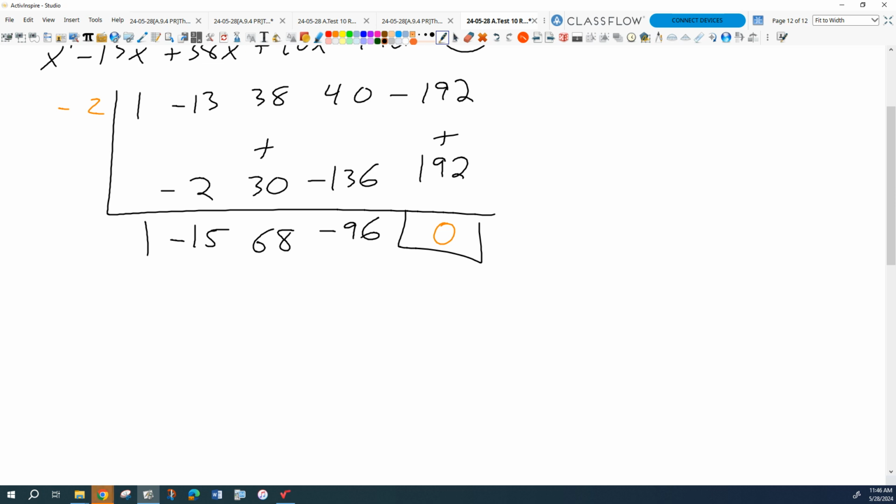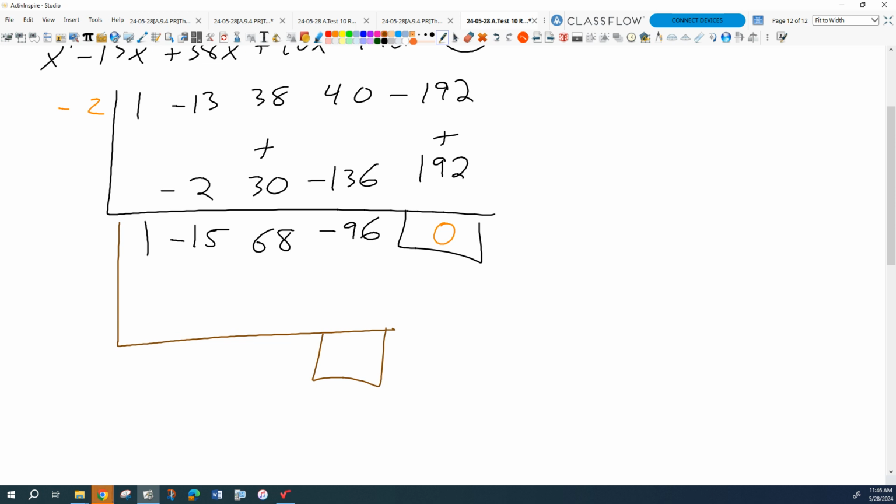This is my smaller polynomial, but I have another 0. So here's the trick I want to show you guys. I just want to do synthetic division on my new polynomial, right? So why not just make another synthetic bracket right there? Drop that down, and that just becomes my remainder box. Everybody see that?